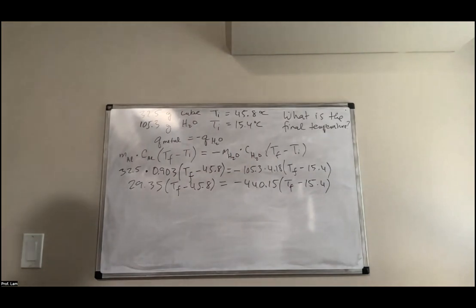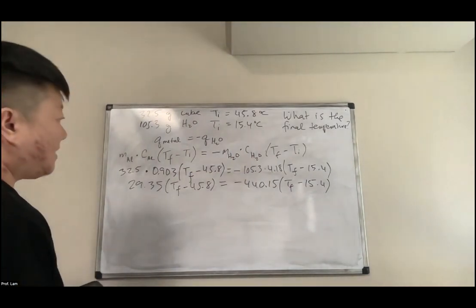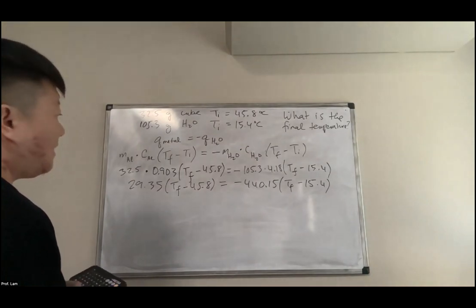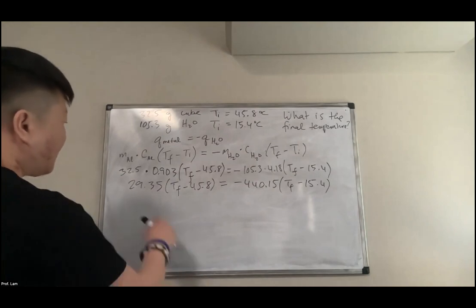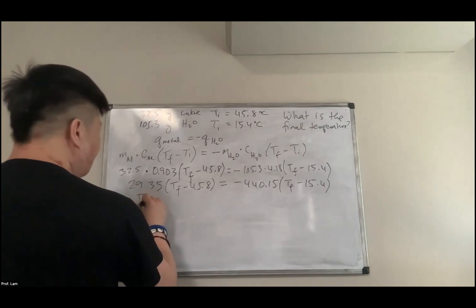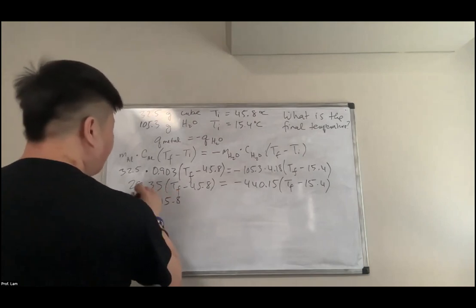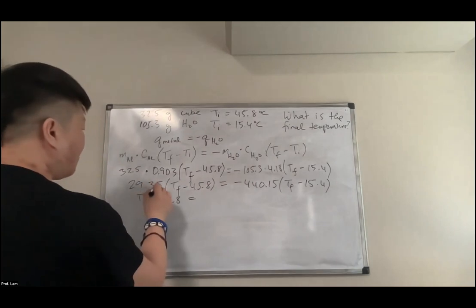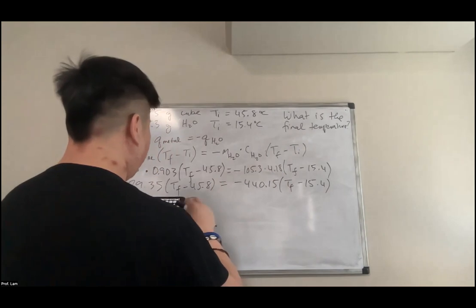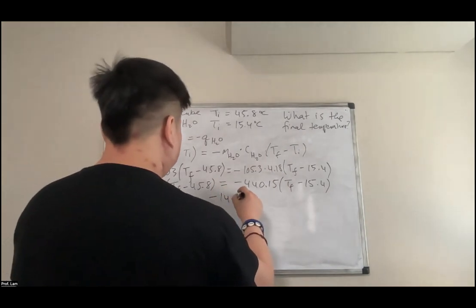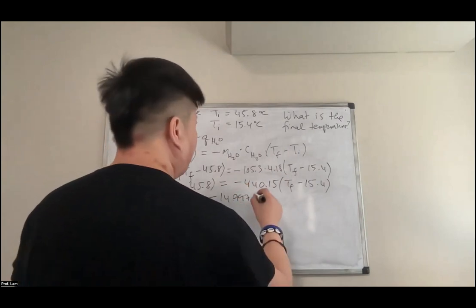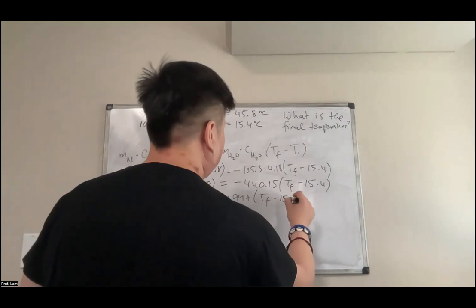Okay, now at this point, what I can do is divide by 29.35 to each side so that I just get TF minus 45.8 is equal to, I'm going to divide 29.35 over here, right? So I'll take this number divided by 29.35, and I'll get negative 14.997 times TF minus 15.4.